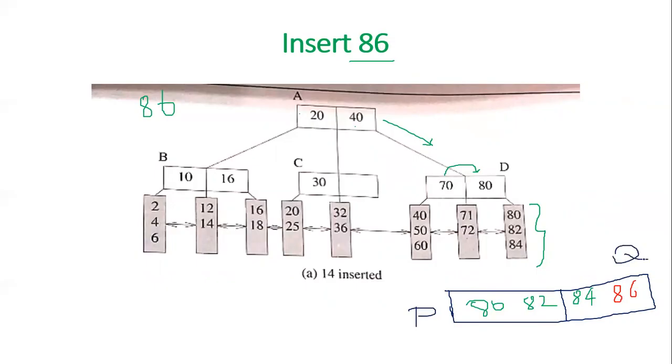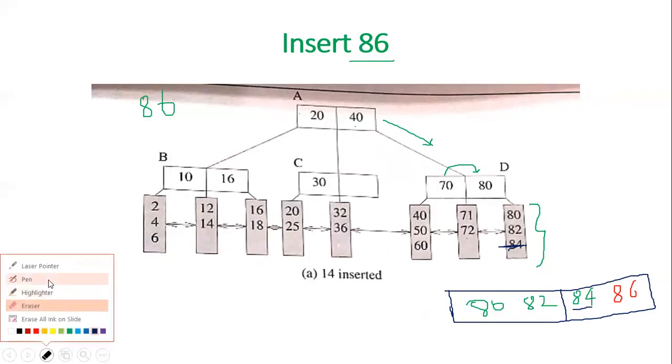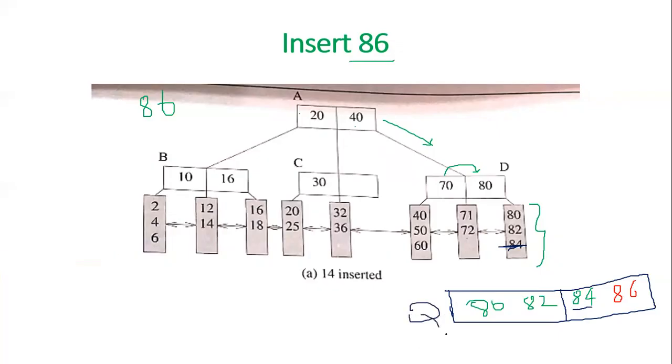Now, after splitting, 80's right will point to what? 80 and 82. 84 is not there. Sorry, I'm using the wrong names. Let us go with our nomenclature: the left is Q, the right is P. The smallest element of the larger key values, that is 84, should go to the parent.